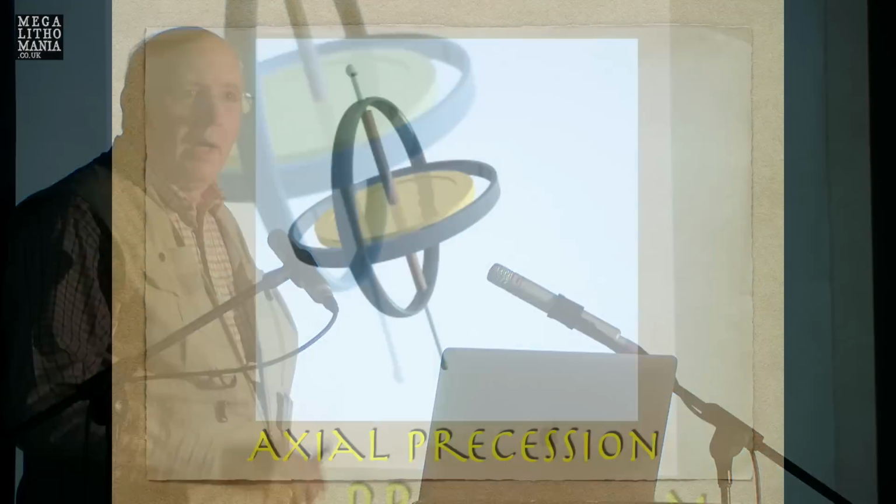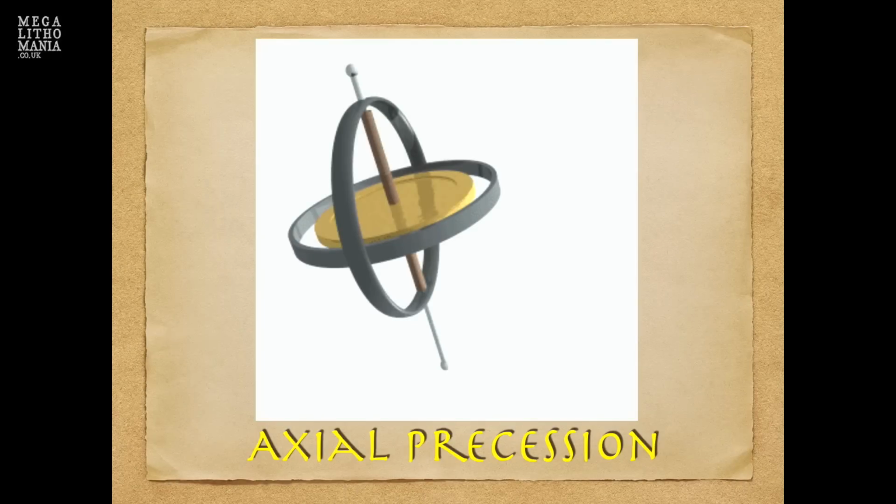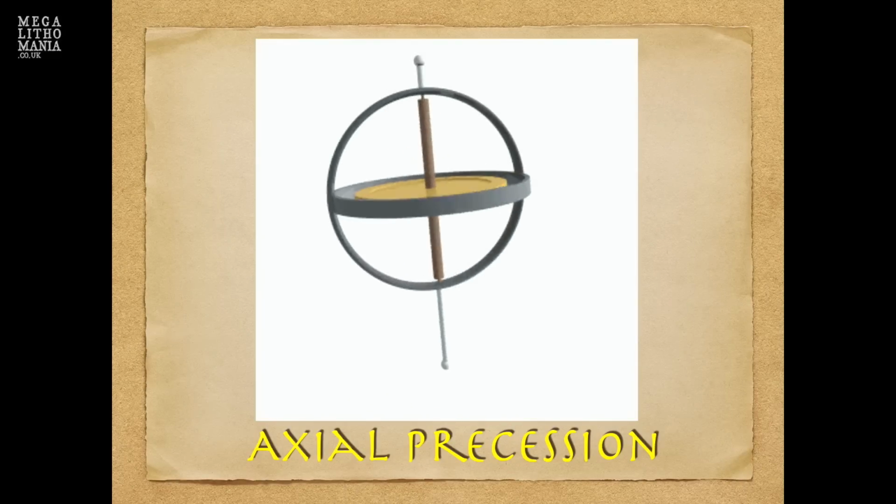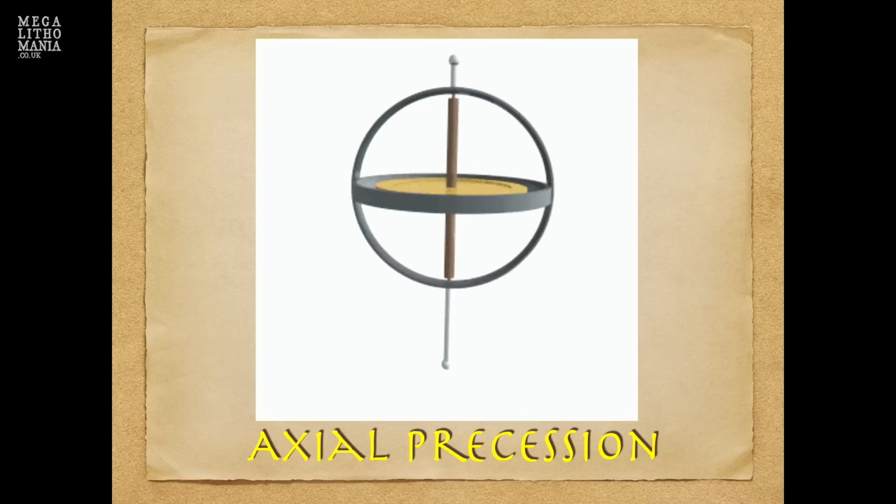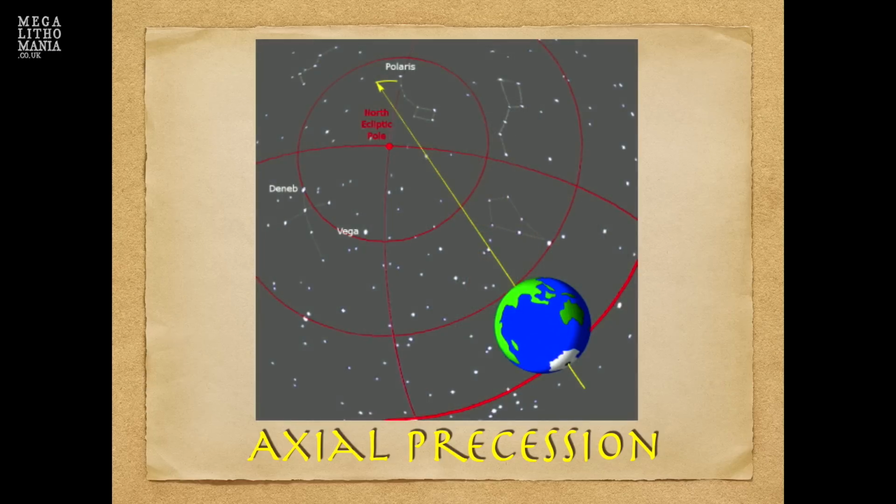I'm sure you're probably all familiar with this, but if you get a gyroscope and you put it down somewhere, it will precess. It will wobble on its axis. And, of course, the Earth is just a very big gyroscope. And so, of course, the Earth will do its thing.